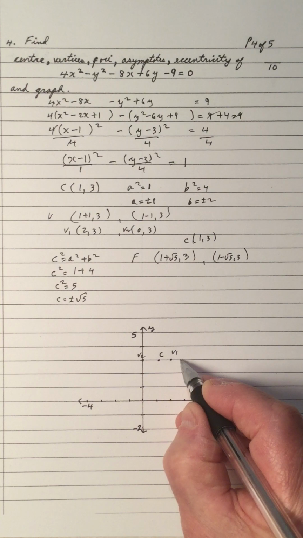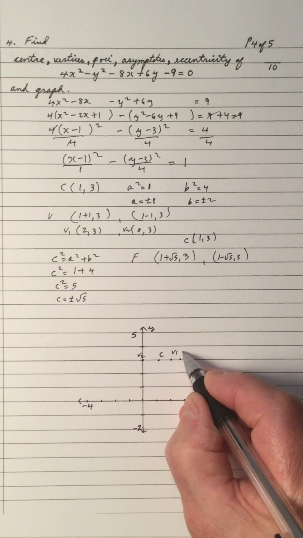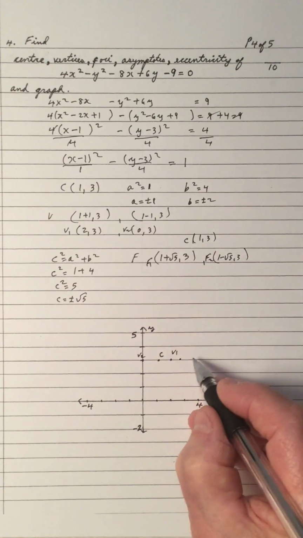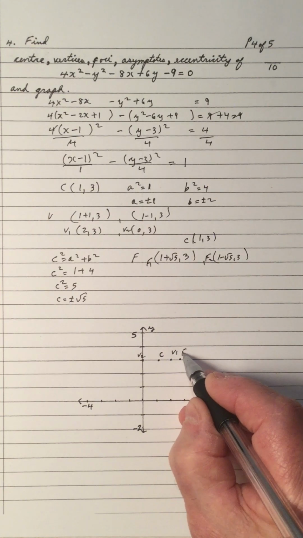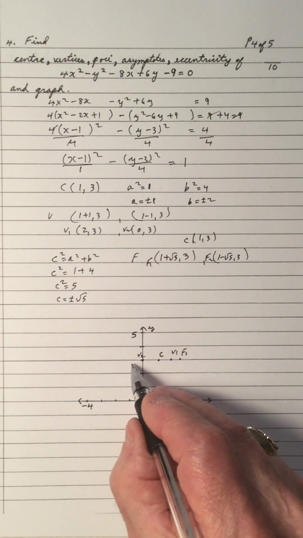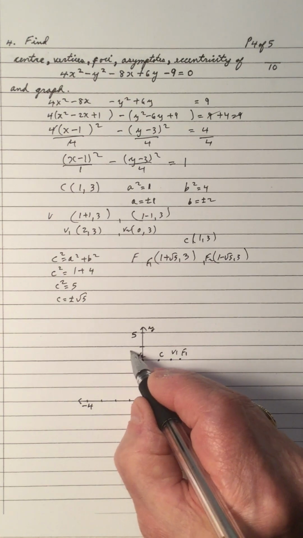So this is a foci over here. Let's call this one F1 and this one F2. This one is over here a little bit further, and this one is over here a little bit further.